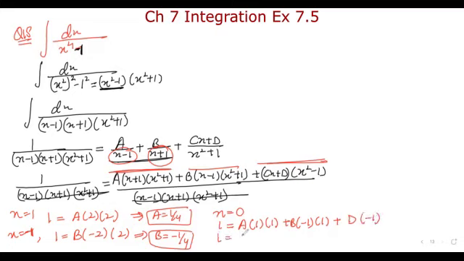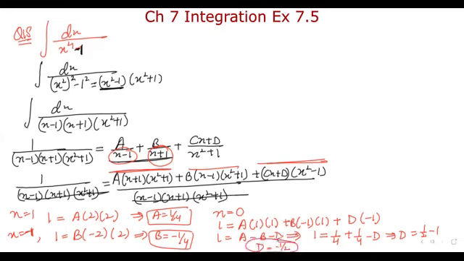So 1 is equals to A minus B minus D. I am having A and B. Therefore, I will get the value 1 is equals to 1 by 4 plus 1 by 4 minus D. So the value of D is 1 by 2 minus 1. So D comes out to be minus half.